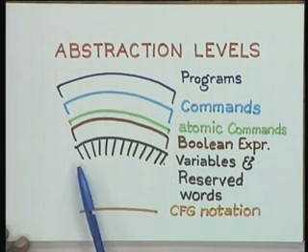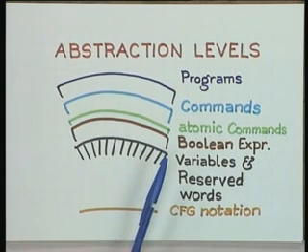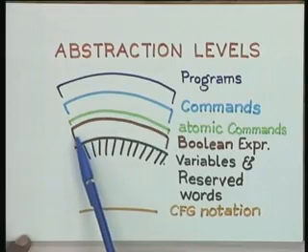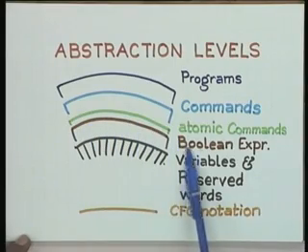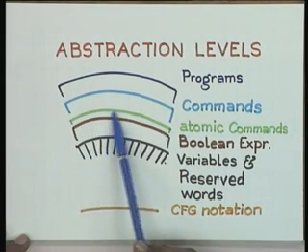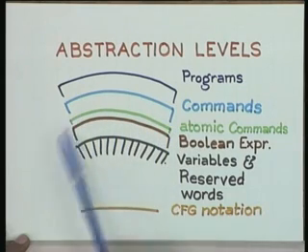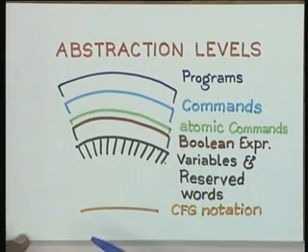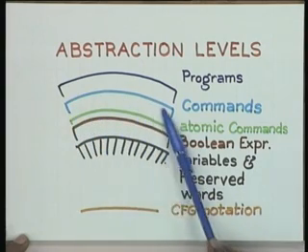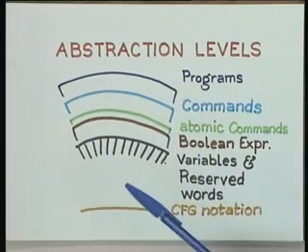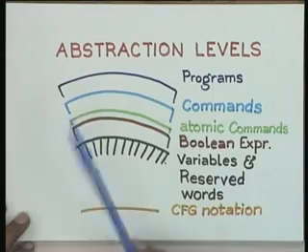Since we have two different kinds of entities, commands and Boolean expressions, I have used this dark brown for Boolean expressions and what might be called atomic commands. The assignment is an atomic command for which I have used light green. All other compound commands I use this light blue, and the actual program or a sentence of the language, if you like, is in dark brown.